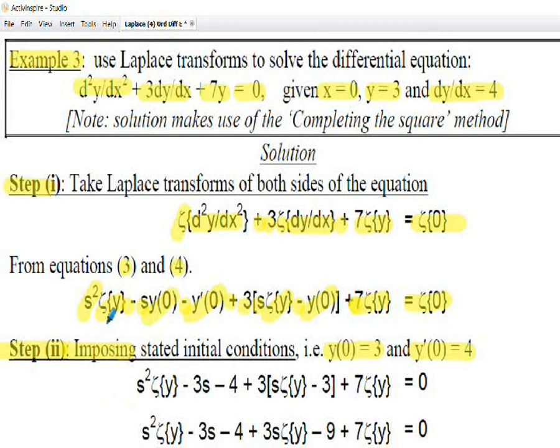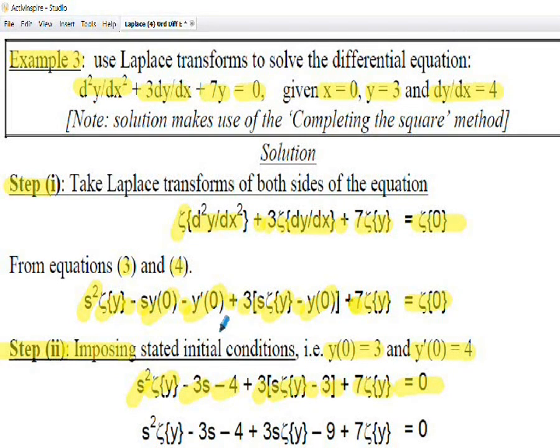So I will now get s squared times the Laplace of y, take away 3 times the s, then minus the 4, so I'm putting the 3 and the 4 into the second order part of the equation, and then plus 3 times the s times the Laplace of y, take away again the boundary condition going in there for the minus 3 there, and then plus the 7 times the Laplace of y equals 0. So just imposing my y naught and my y dash naught in the appropriate places in that equation.